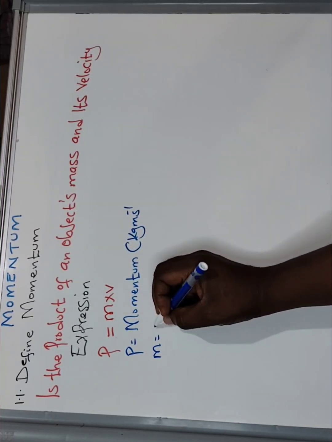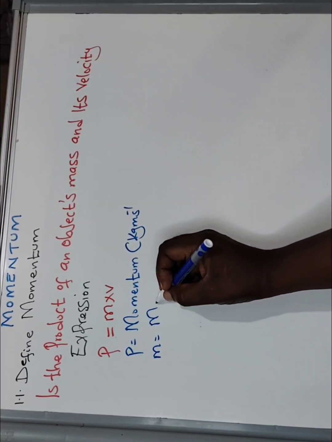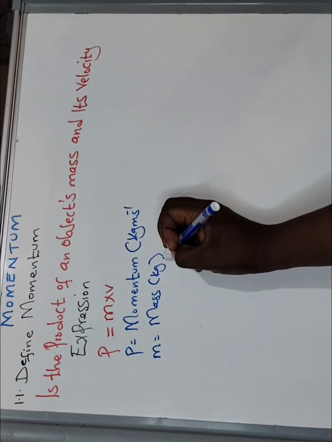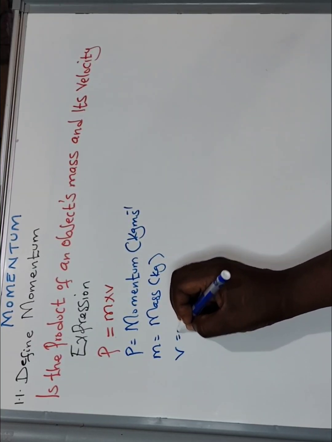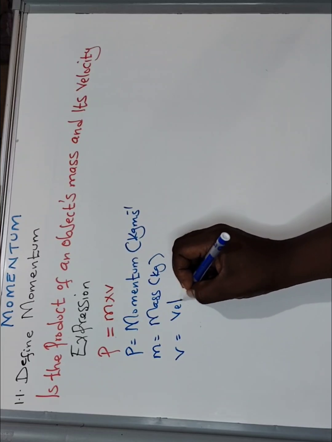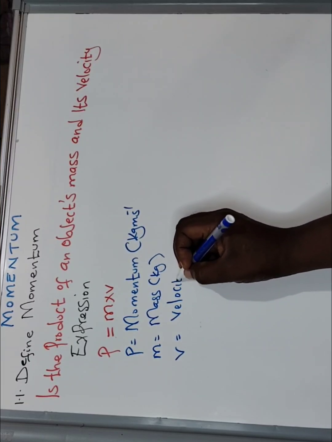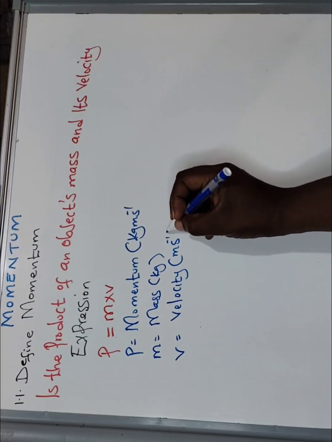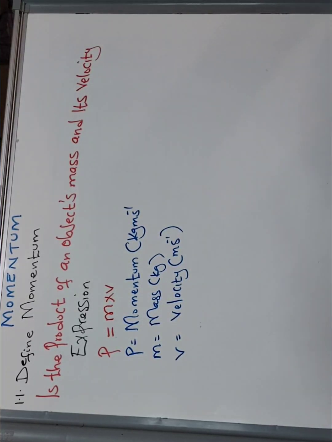M is the mass, given in kilograms, and V is the velocity expressed in meters per second. So that is that.